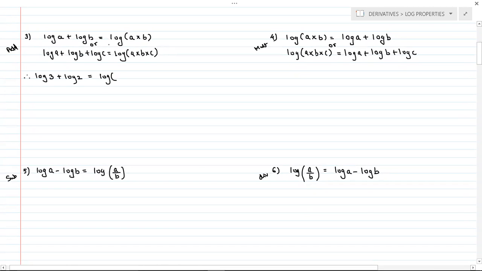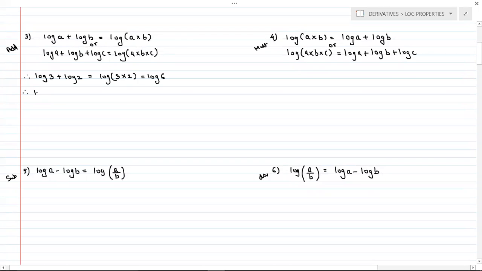It says that log A plus log B is what? Log A into B. Got the point? So in the next step, this log A into B means 3 2s are 6. Understood?